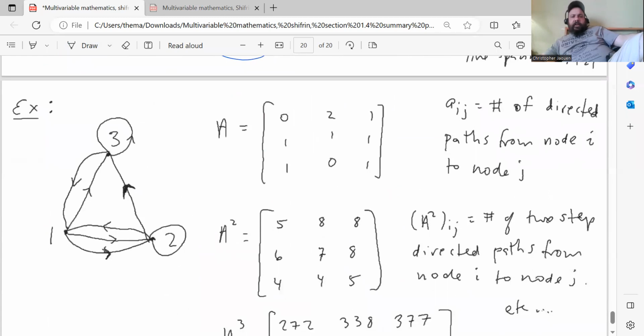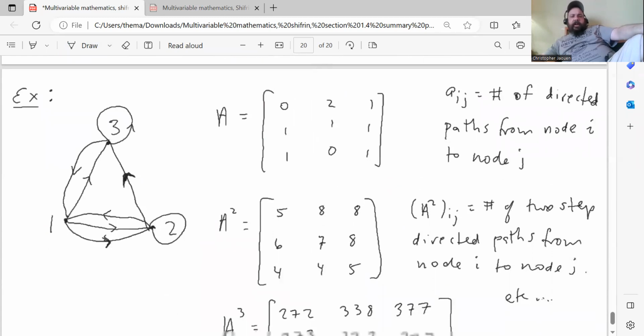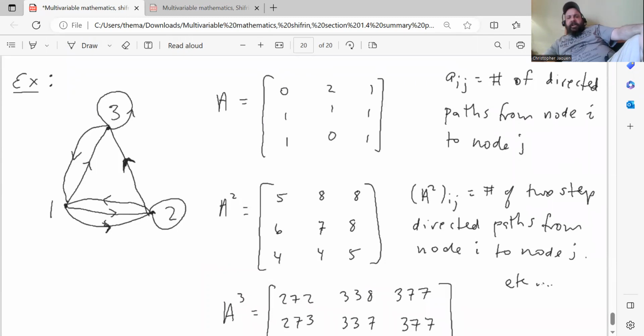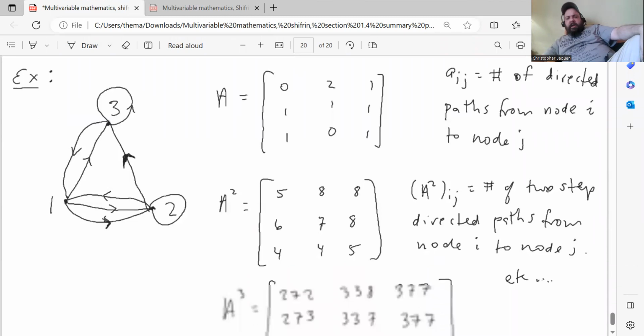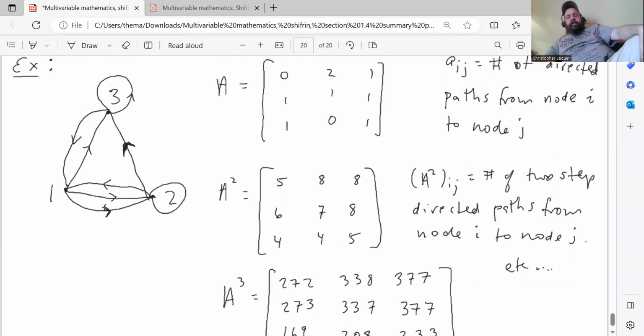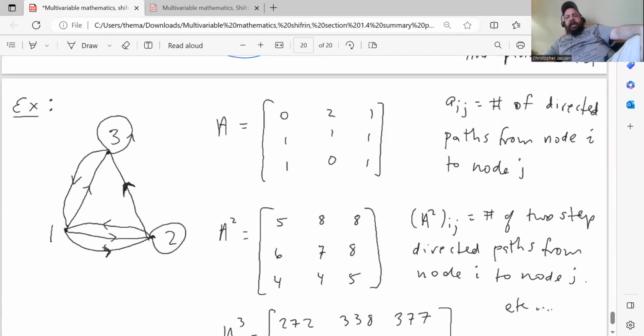Right, he gives another example here from a directed graph in terms of adjacency matrices. I think I'm going to skip this example. You can read it in the book. It gives an interesting application of matrix multiplication, where it counts the number of directed paths between nodes of certain lengths.